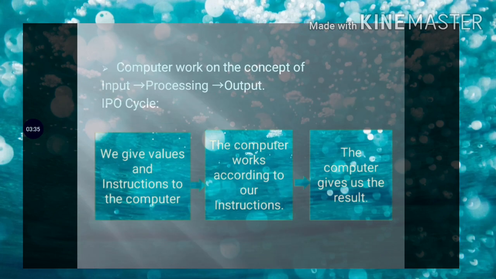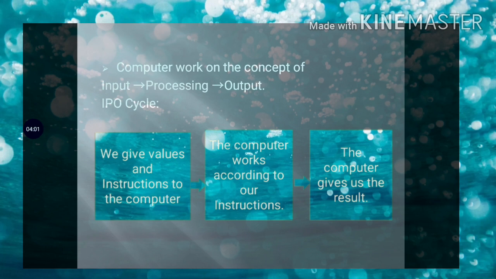The computer works on the concept of input, processing and output. That is called the IPO cycle. We give values and instructions to the computer. The values are 5, 4, 2. The instruction is addition: with these numbers we want to do addition.